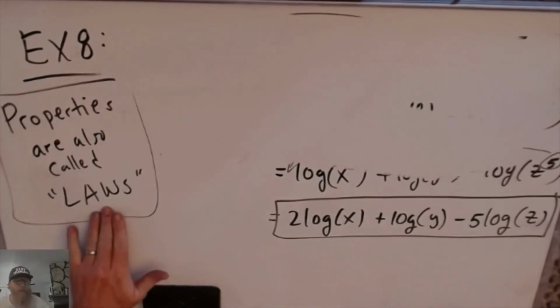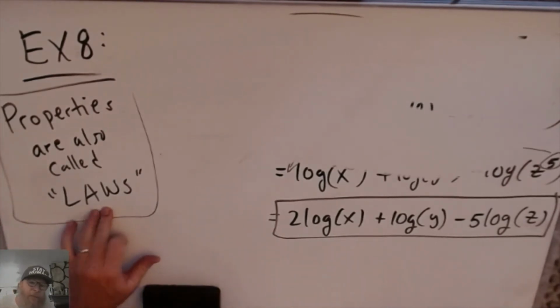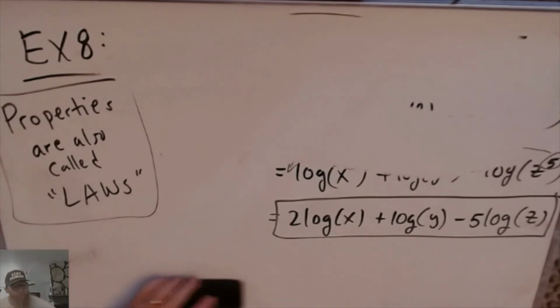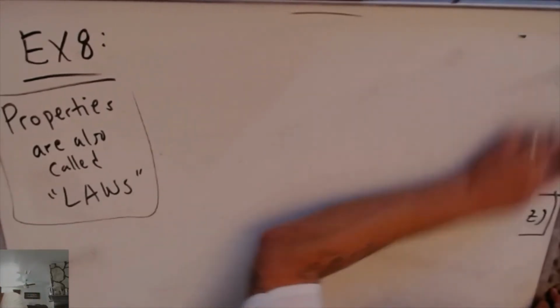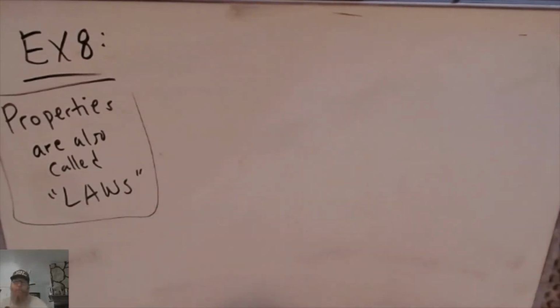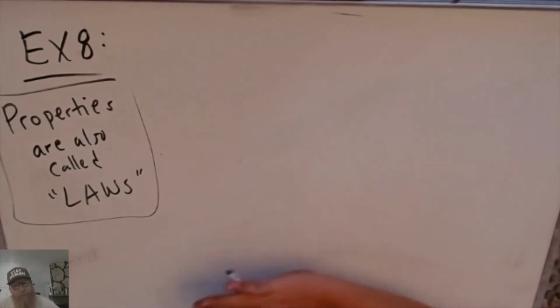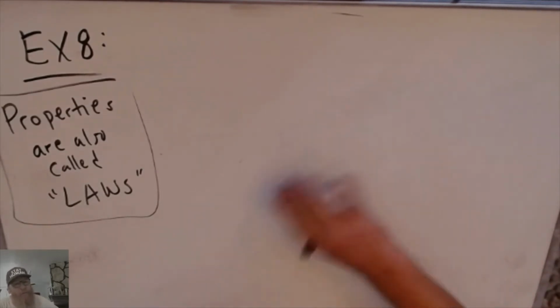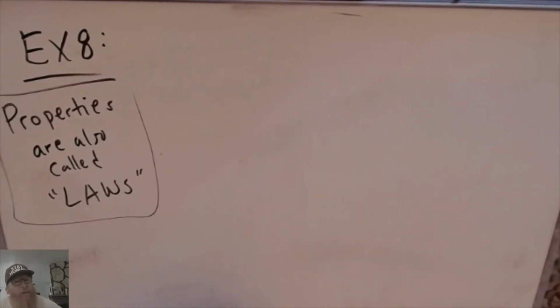Other questions will say, use the laws. Laws and properties are synonyms in mathematics. They basically mean the same thing. When you get really high up into mathematics, there are some subtle differences between properties and laws. But at the freshman, sophomore college level, a property is a law is a property, and they're the same thing.